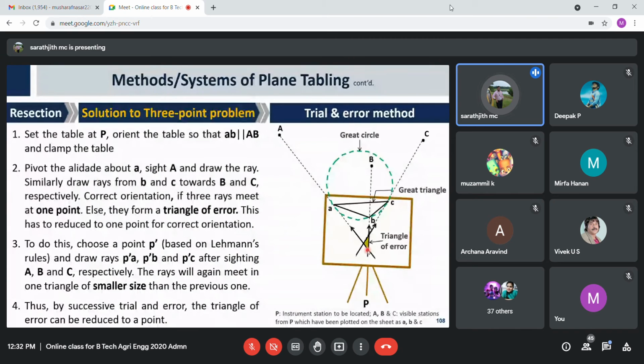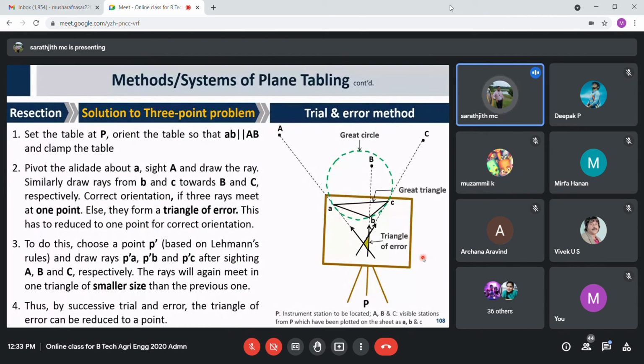What will happen? The area of the triangle of error increases. I'm asking you, you're having a triangle of error here. What do we interpret if this area is higher?